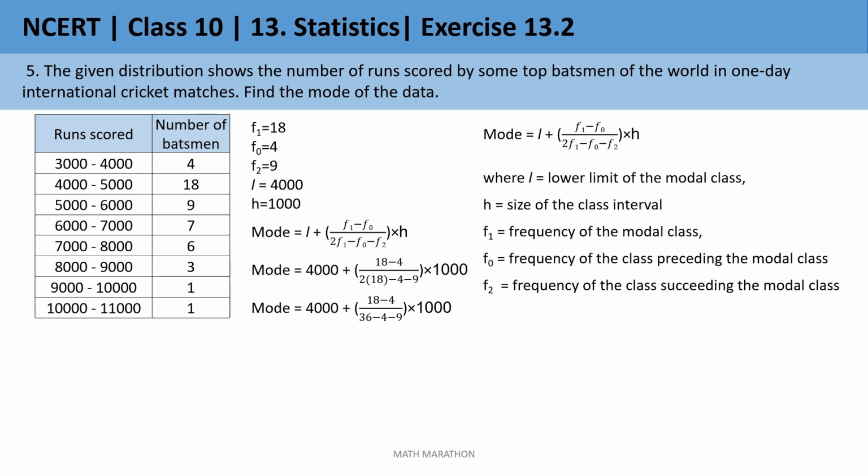In denominator, twice of 18 is 36. Remaining equation I have written as it is. In numerator, 18 minus 4 is 14.